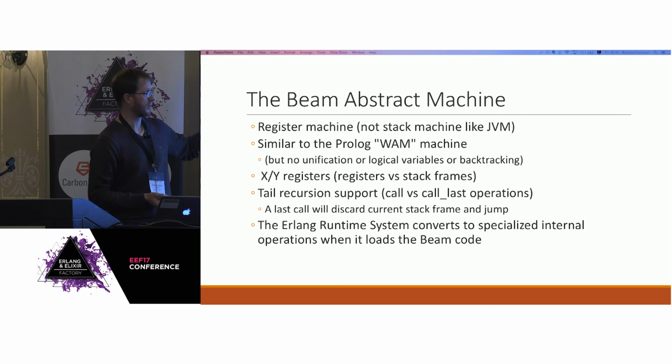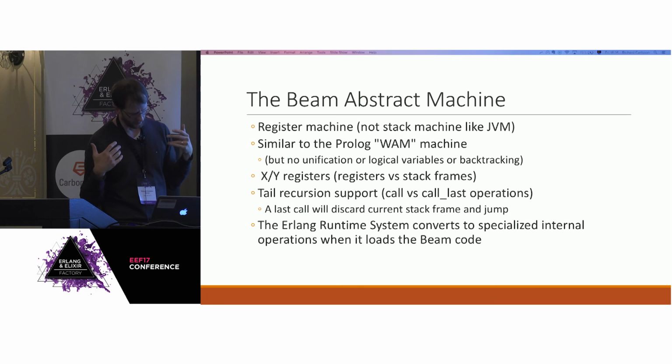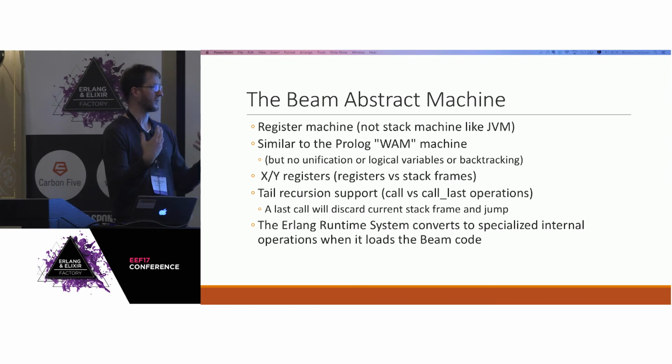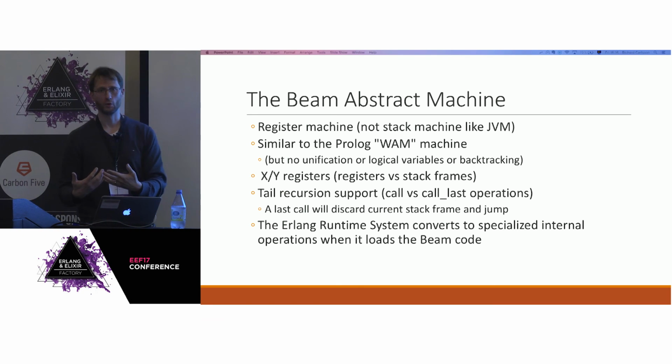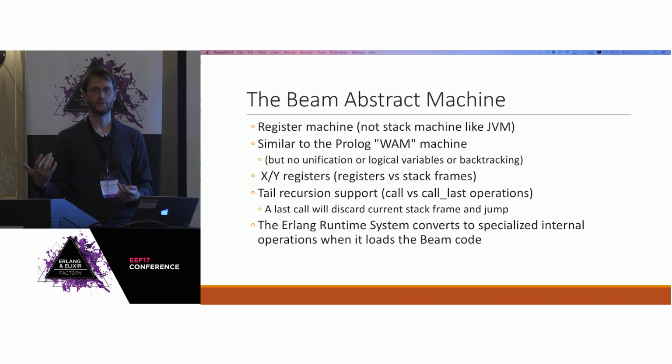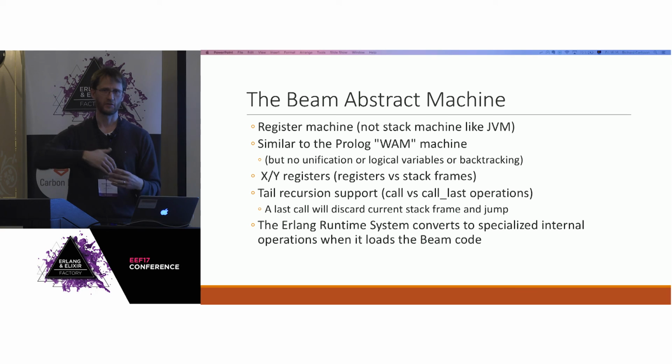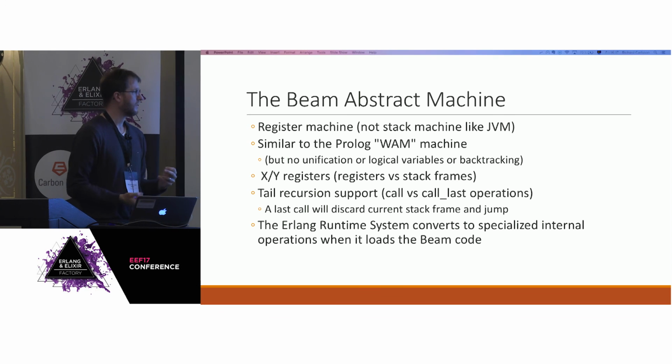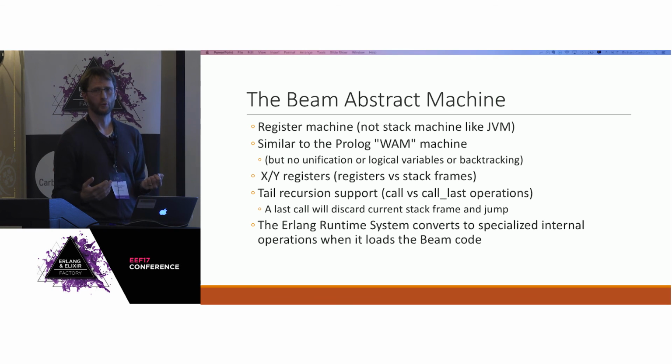The Beam supports tail recursion, so there are different operations for making a non-tail call and a last call. A last call will discard the current stack frame before it jumps. That means that the stack doesn't ever grow. And it's also good to know that the Beam instructions are really a kind of a transport format.